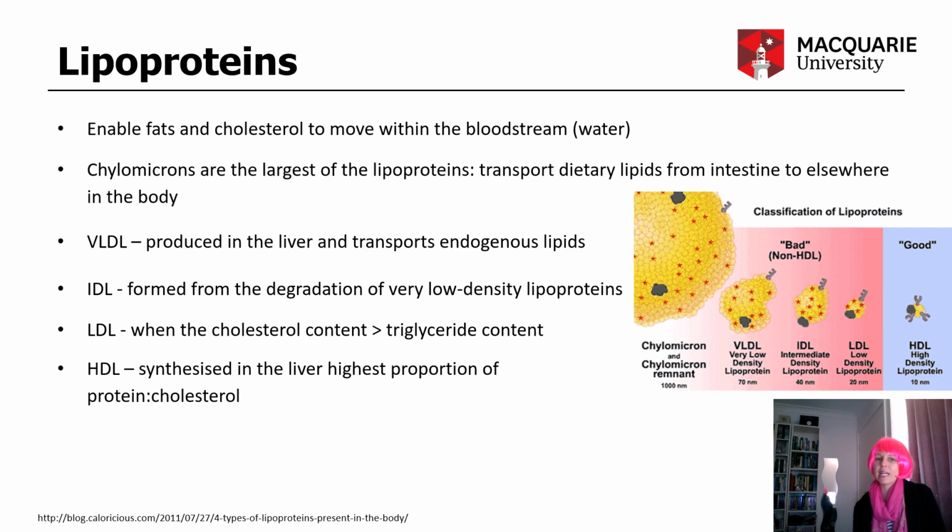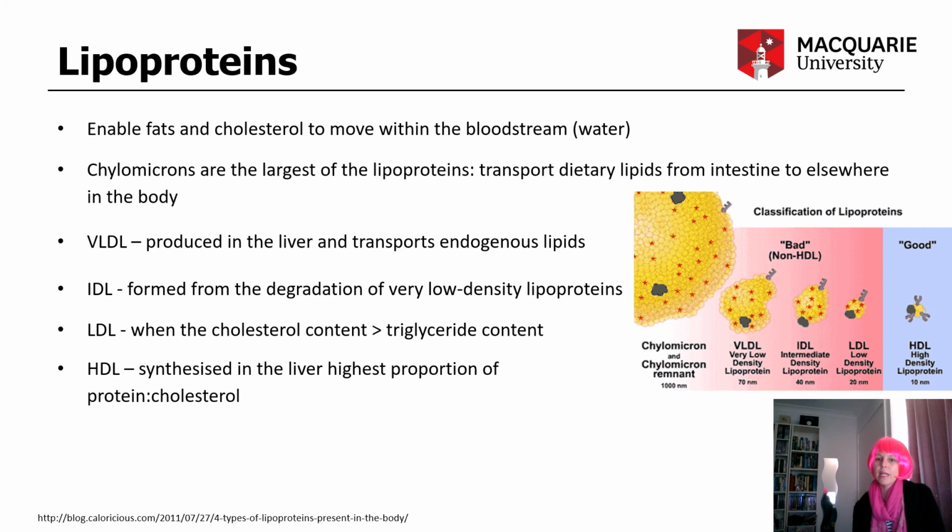So we have our VLDL, so our very low density lipoprotein. So these are produced in the liver and they transport fats that we've produced ourselves around the body. Now we don't want too many of VLDLs because they can build up in our arteries and over time cause a disease called atherosclerosis.